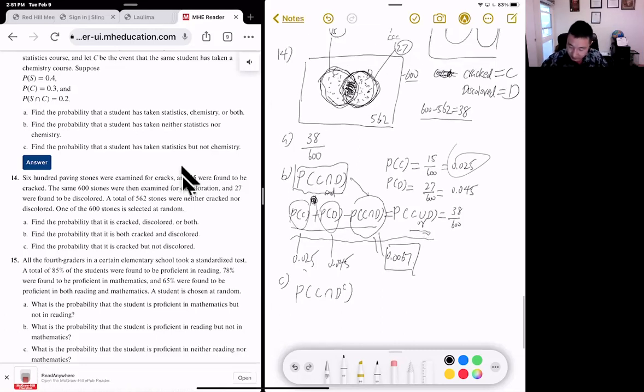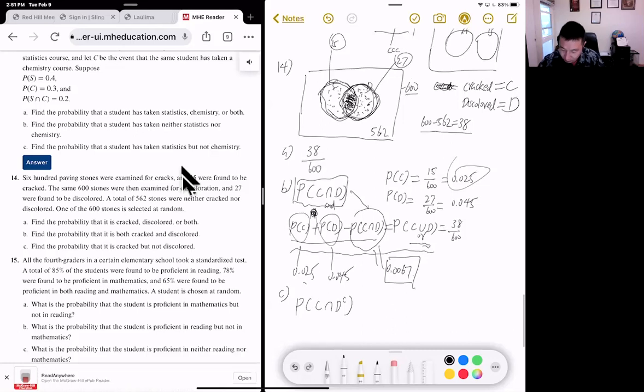Again, go back to the Venn diagram. So where it belongs to. So P(C), this is circle of C, but not D. Outside circle D, but within circle C is here.